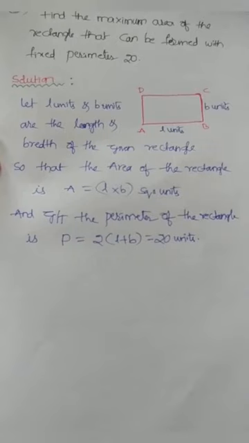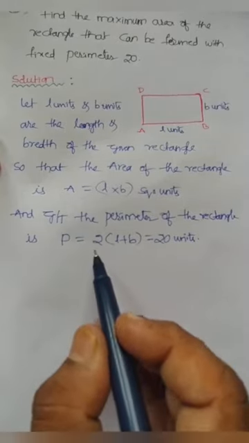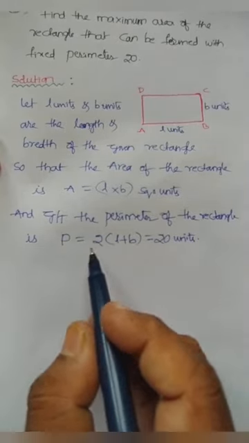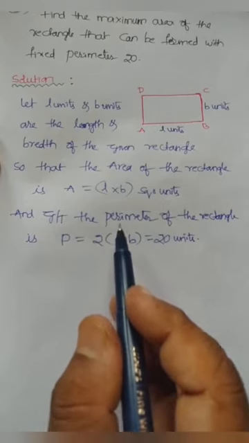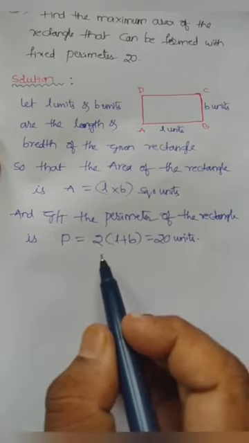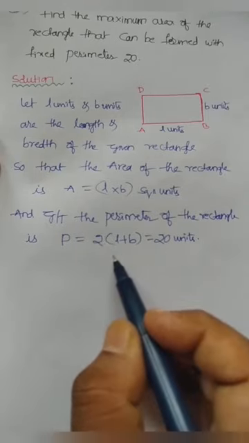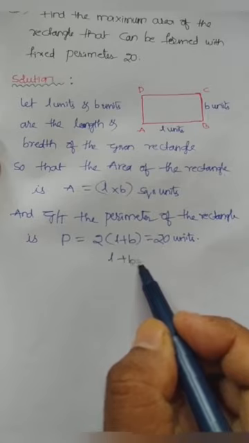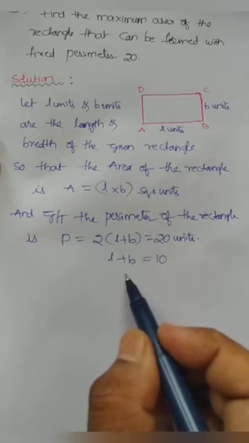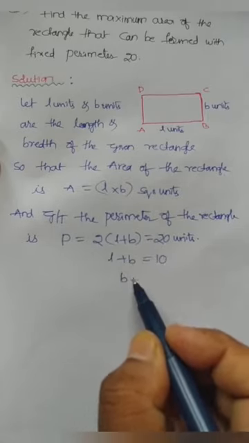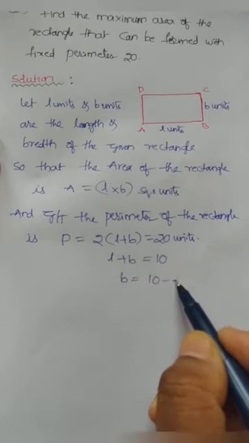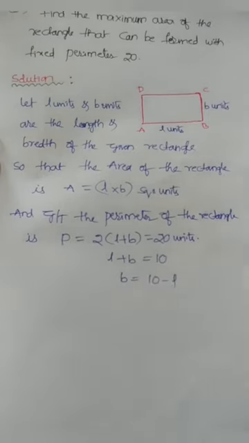For our convenience, we simplify this equation to convert B into L terms. Here 2 cancels with 20, remains 10. So L plus B is equal to 10. So I am replacing this B with 10 minus L in the given function.